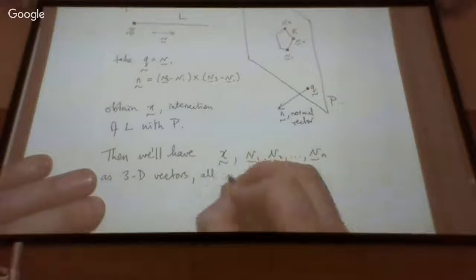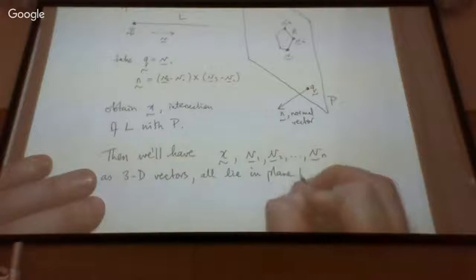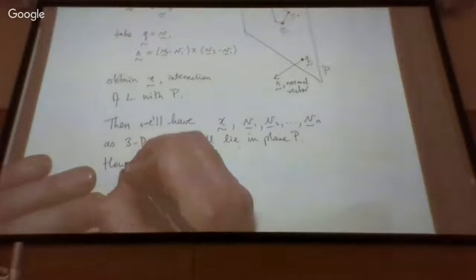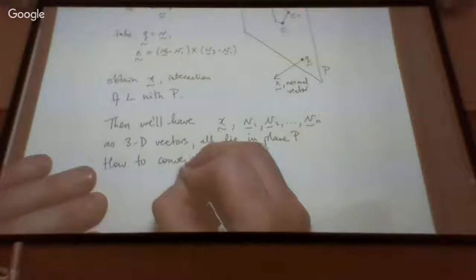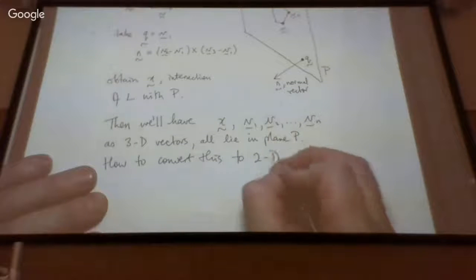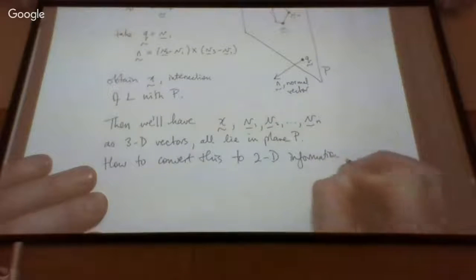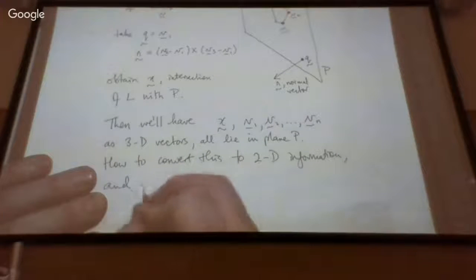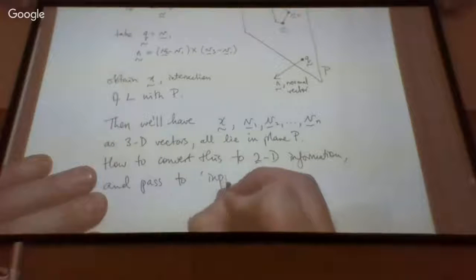Remember, they all lie in the plane P. So how to convert this to just 2D information which we can then pass to the inpolygon function of MATLAB?